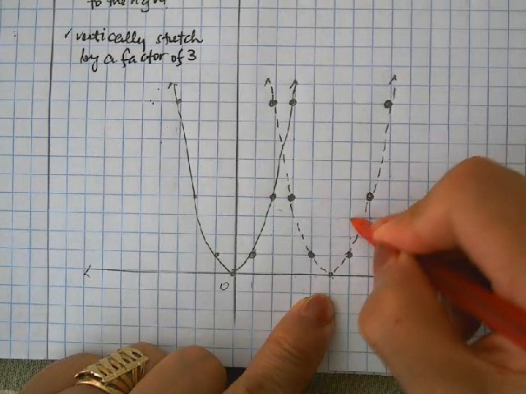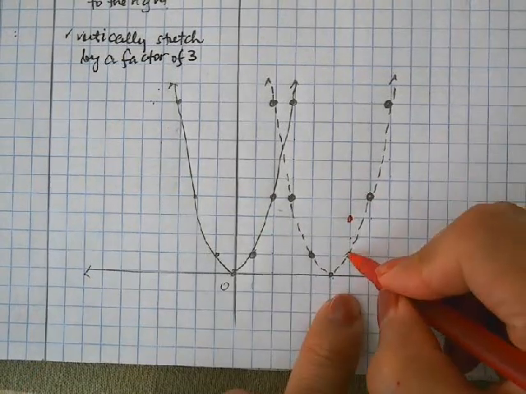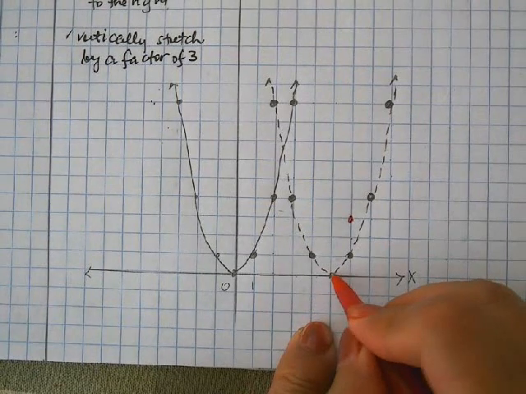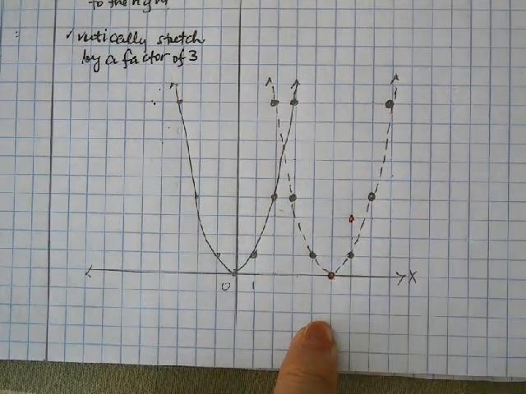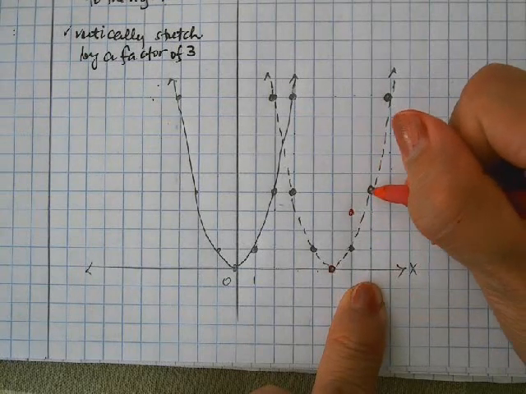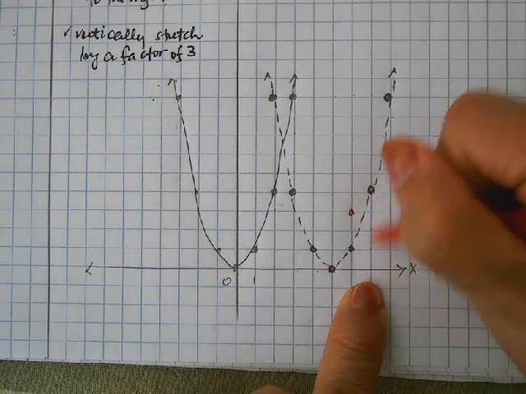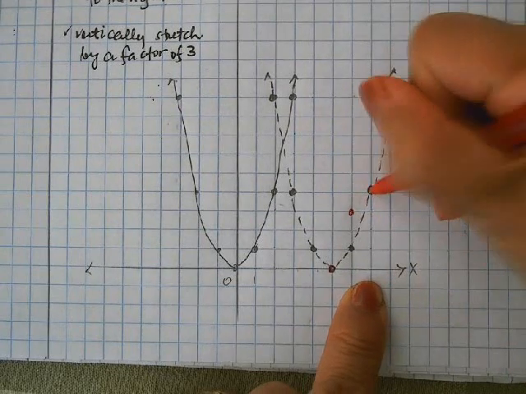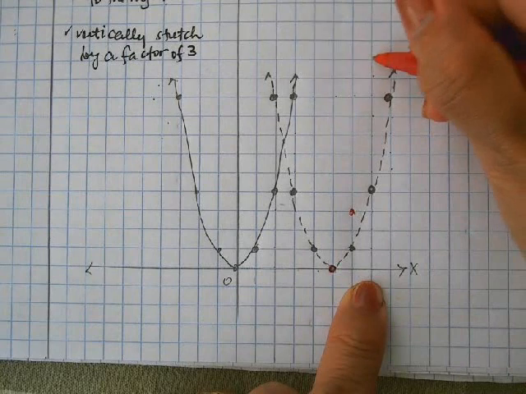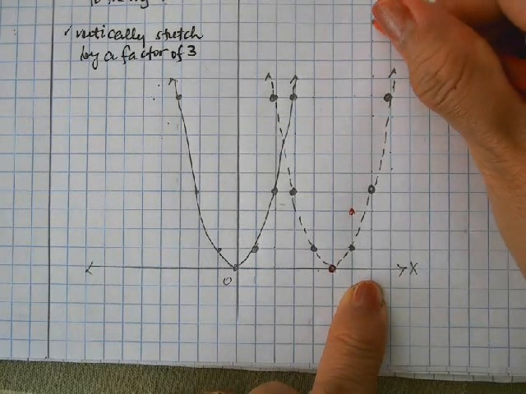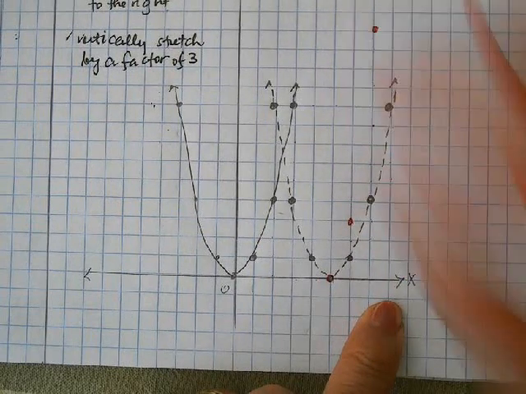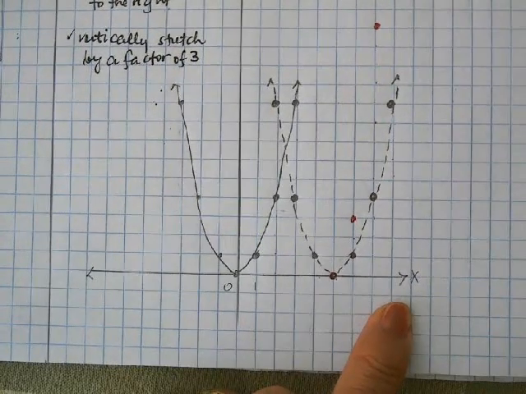So times 3, this point will be here. This point is 0. Times 3 is still 0. It's not going to move. This point is 4 units away from the x-axis, times 3. So that will be 12. 4, 8, 12. So you can see it is stretched 3 times as much.